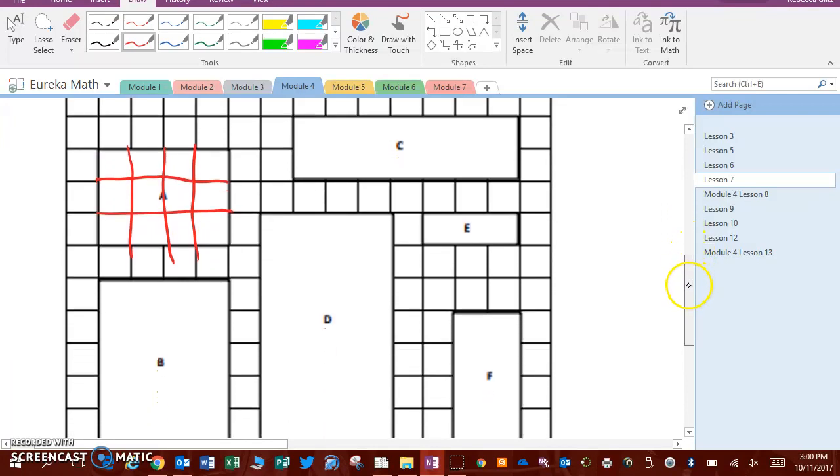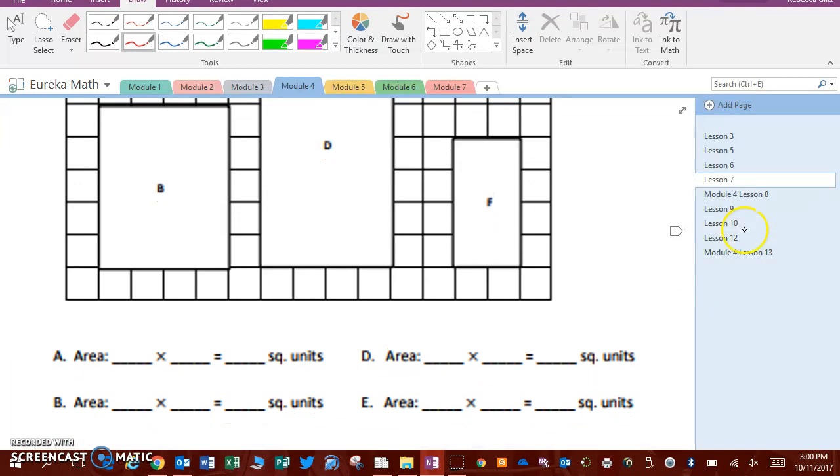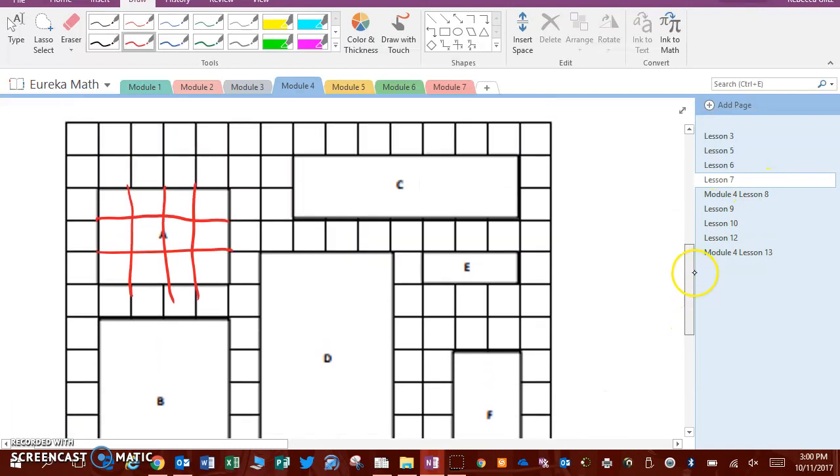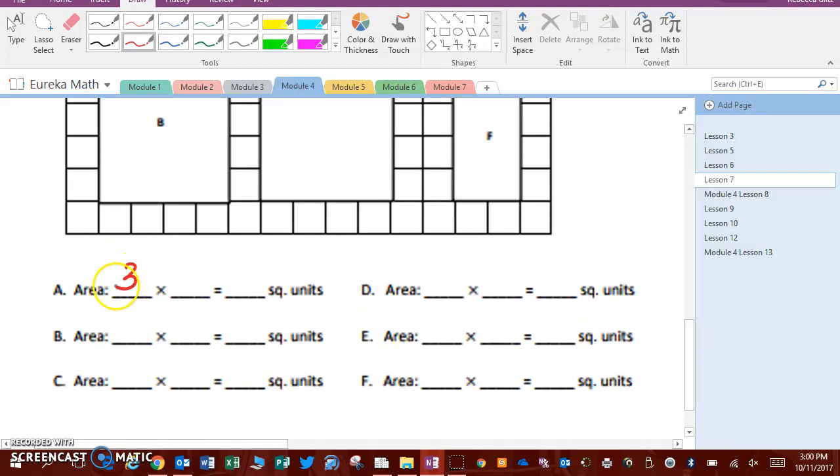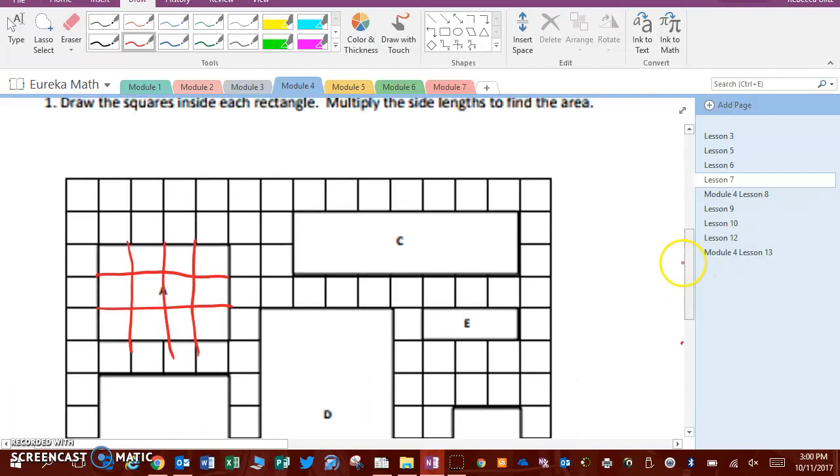So let's just do letter A. We're going to go down here. We've already been doing this multiplication, so we need to know how many rows there are times the size of the group gives us our total square units. So if I go back to letter A, I've got 1, 2, 3 rows. So I'm going to go down and fill that in. And I want to figure out the size of my groups.